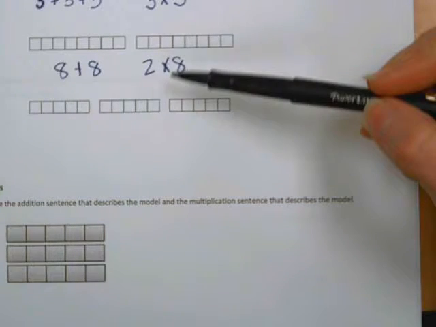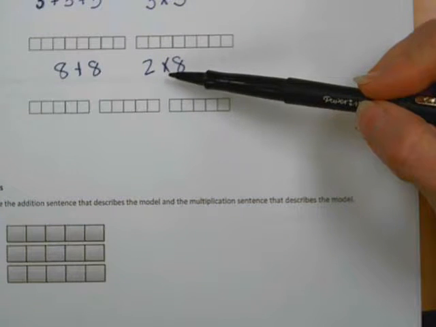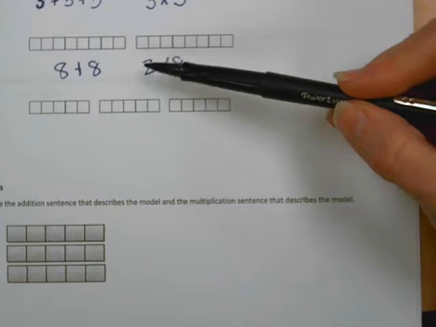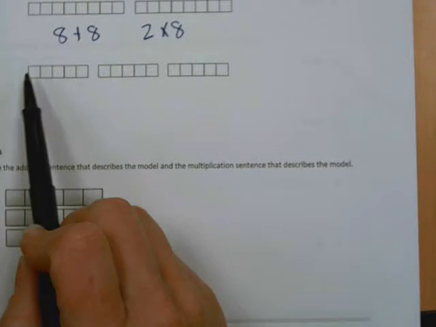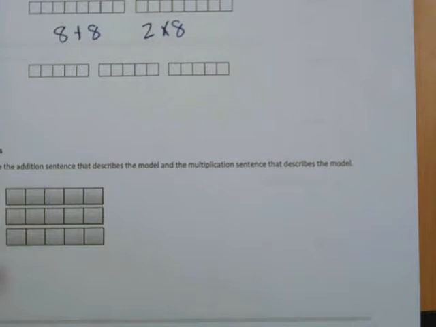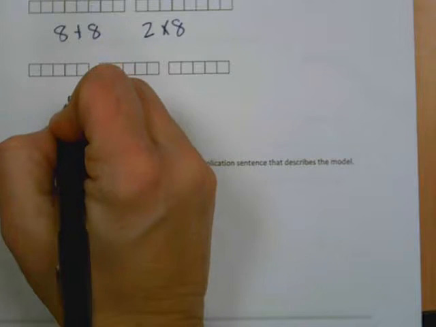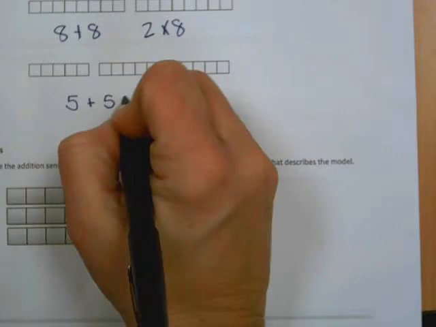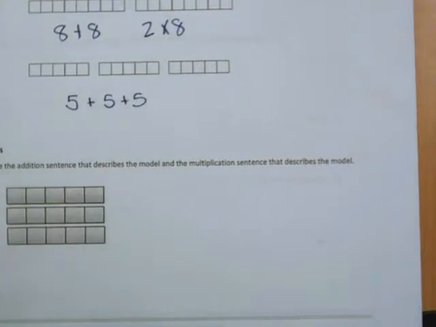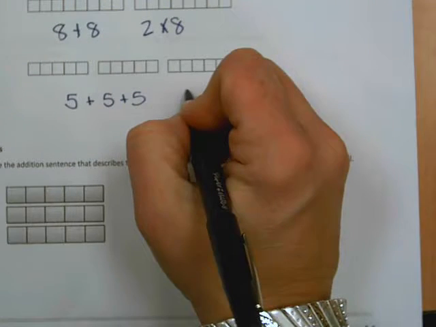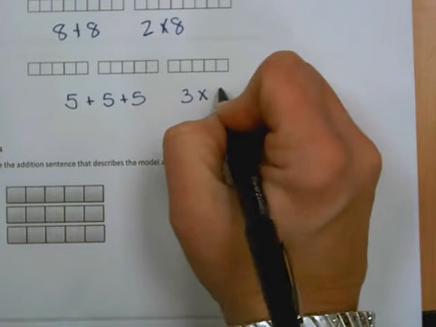One good way to think about this multiplication sign is that the words for it can be groups of, so 2 groups of 8. Then I look at the last tape diagram, 1, 2, 3, 4, 5. I see 5 squares in each, so my addition expression is 5 plus 5 plus 5, and my multiplication expression is 3 groups of 5.